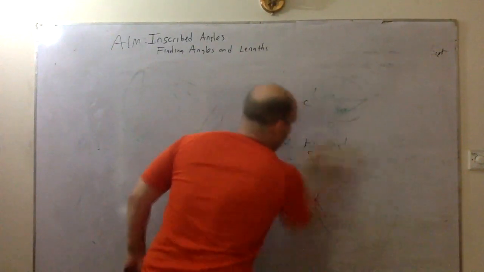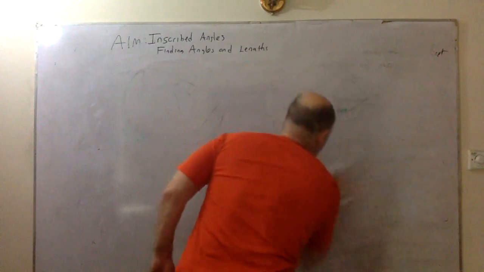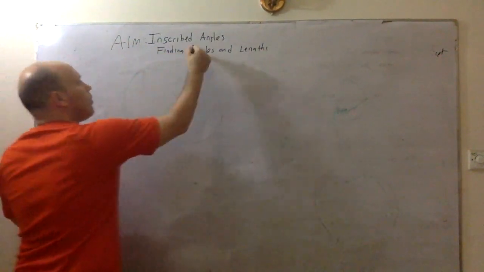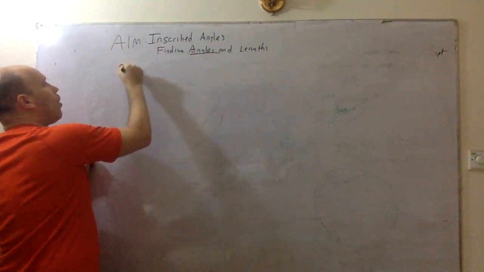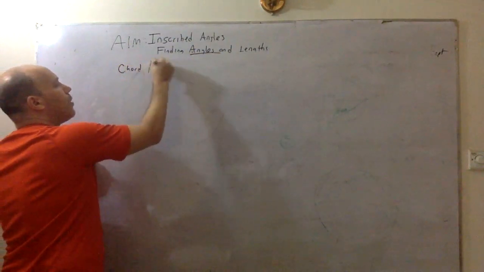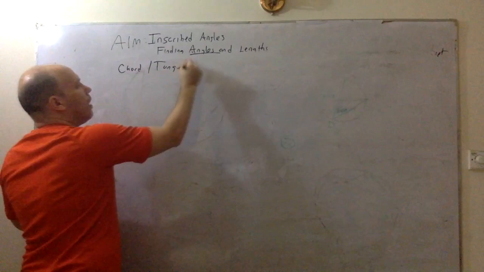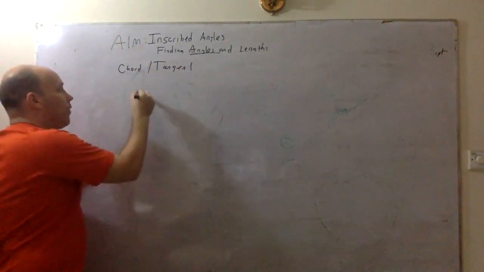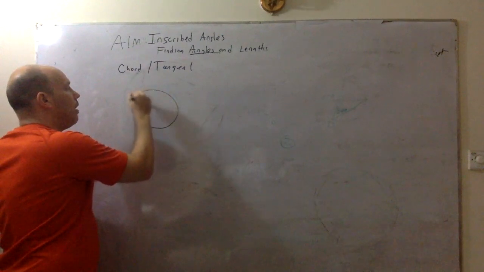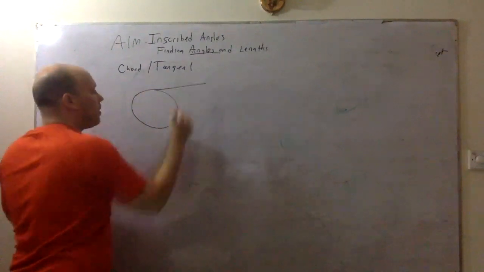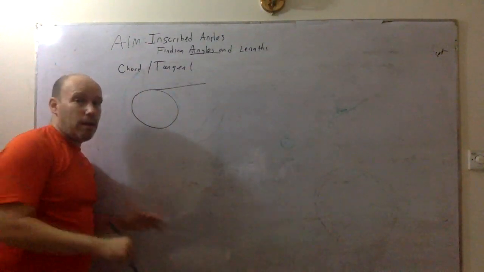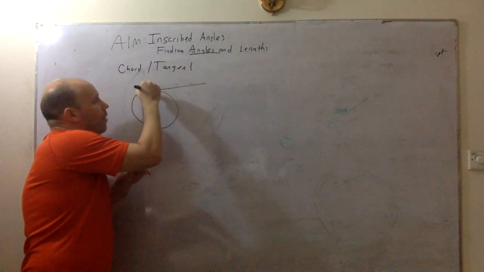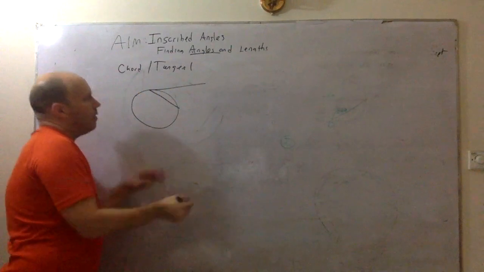Let's see. First one, chord tangent. So first we're going to find angles. I'm just going to talk this through. If you have a circle and you have a tangent, no matter where you draw a chord, you can draw it in anywhere you want, like this.